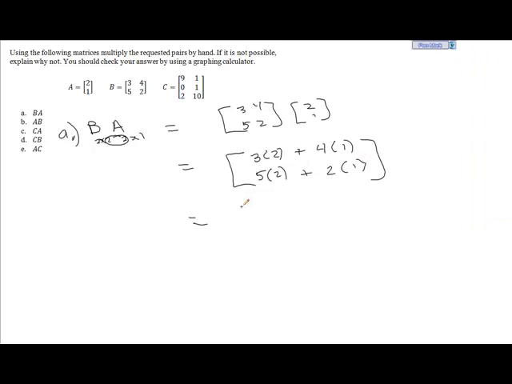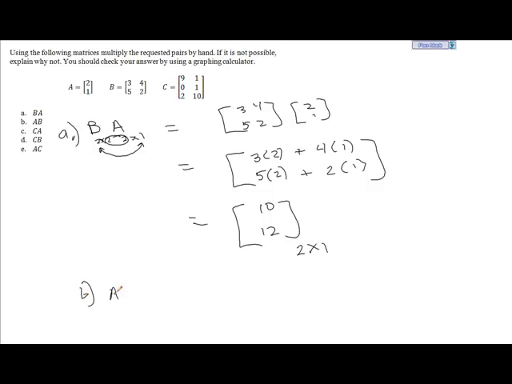That turns out to be 3 times 2 is 6 plus 4 is 10. 5 times 2 is 10 plus 2 is 12. And so I get a 2 by 1 matrix, which I should expect because as long as the inner dimensions are the same, the resulting matrix has the outside dimensions.